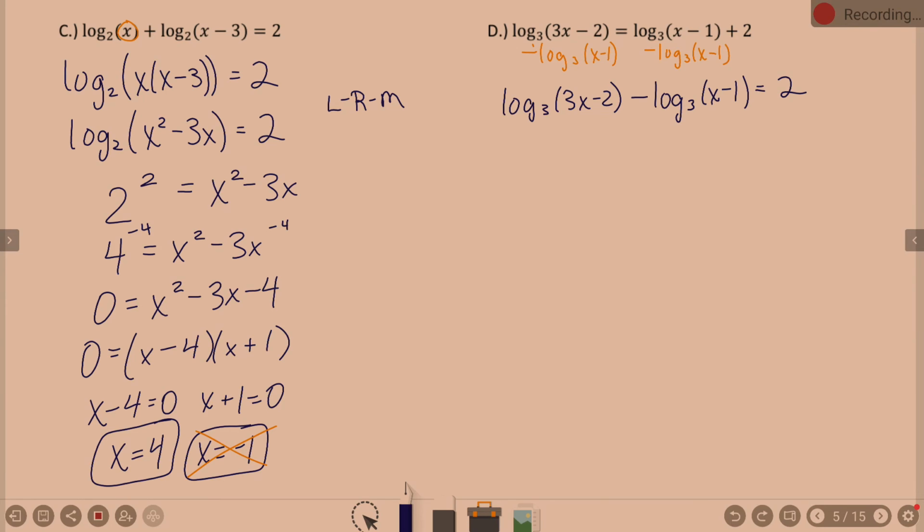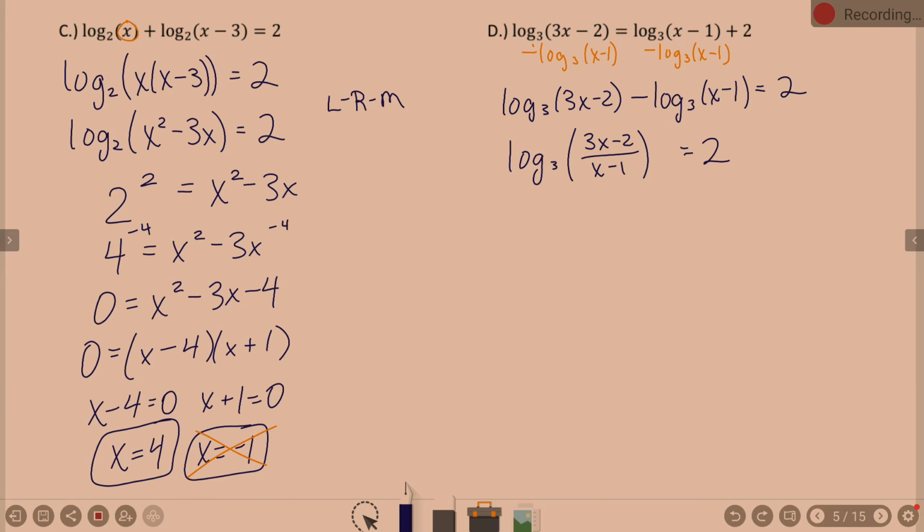Okay, 2 logs being subtracted is written as 1 log where the insides are divided. So I have log base 3 of (3x minus 2) over (x minus 1) equal to the whole number 2. Yep.